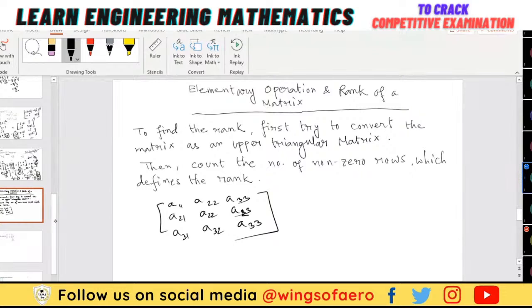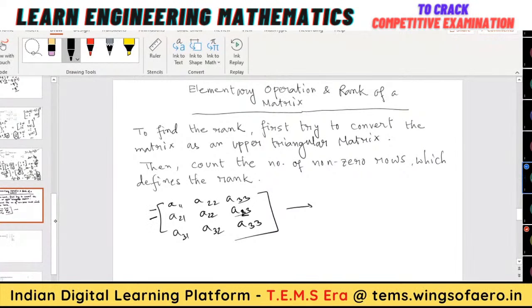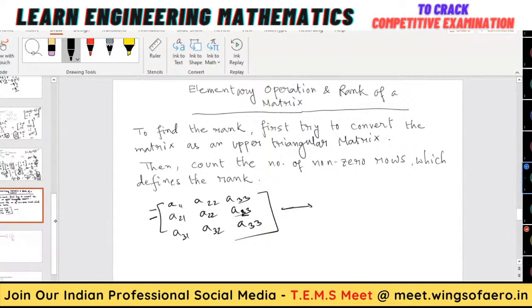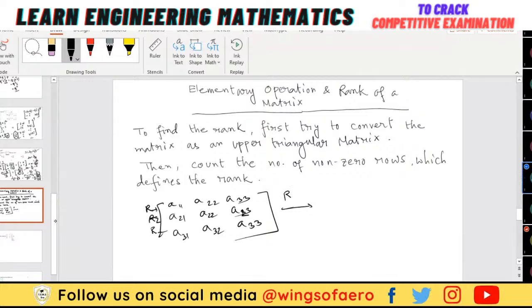A row operation means we can add or multiply rows. Suppose this is R1, this is R2, this is R3, meaning row 1, row 2, row 3. We can add row 1 and row 2.